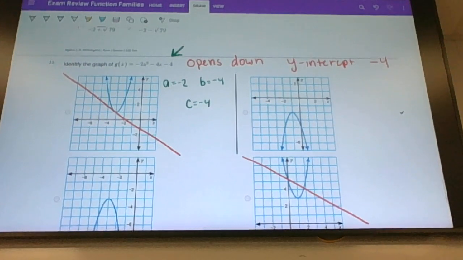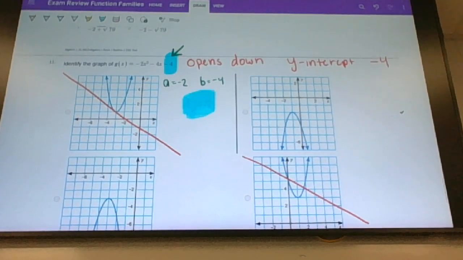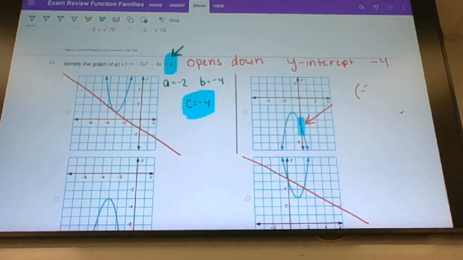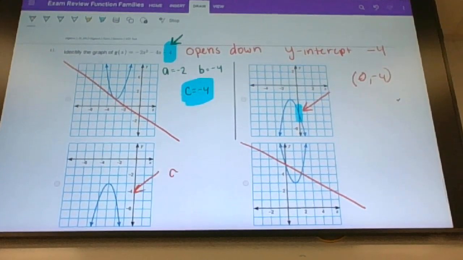Okay. This number is the C value, and that's the y-intercept. So this one has a y-intercept of -4. So (0, -4). This does not have that point.